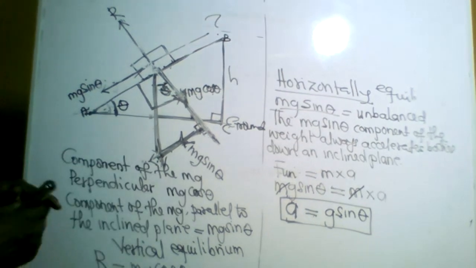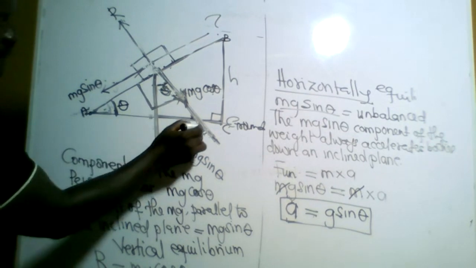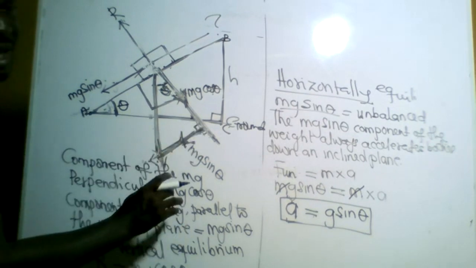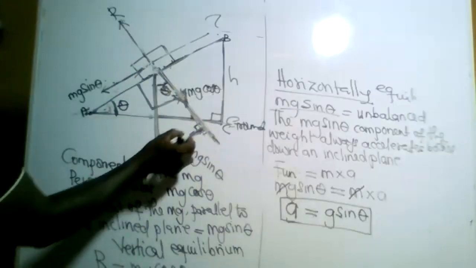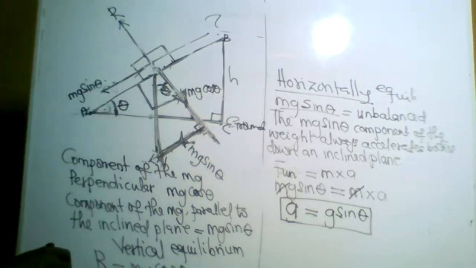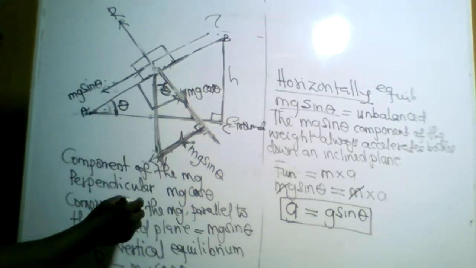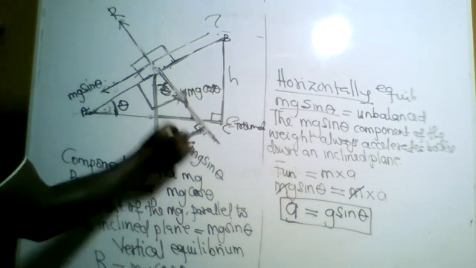Because of equal vectors, mg sin theta is equal wherever it is placed if it has the same magnitude and direction. So we created an equal vector of this and placed it along the plane.